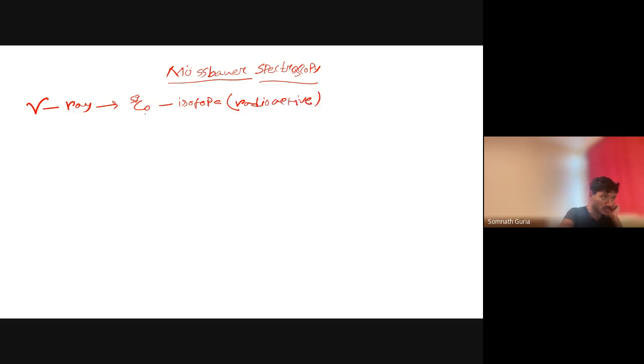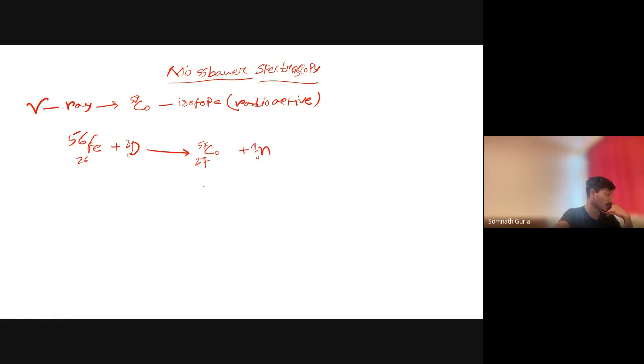How do we produce this cobalt 57? It comes from iron 56, atomic number 26, which we bombard with a deuterium atom. Sorry, initially I said it is a neutron, but it is not a neutron. It is a high speed, high energetic deuterium, and it produces cobalt 57, atomic number 27, plus one neutron.